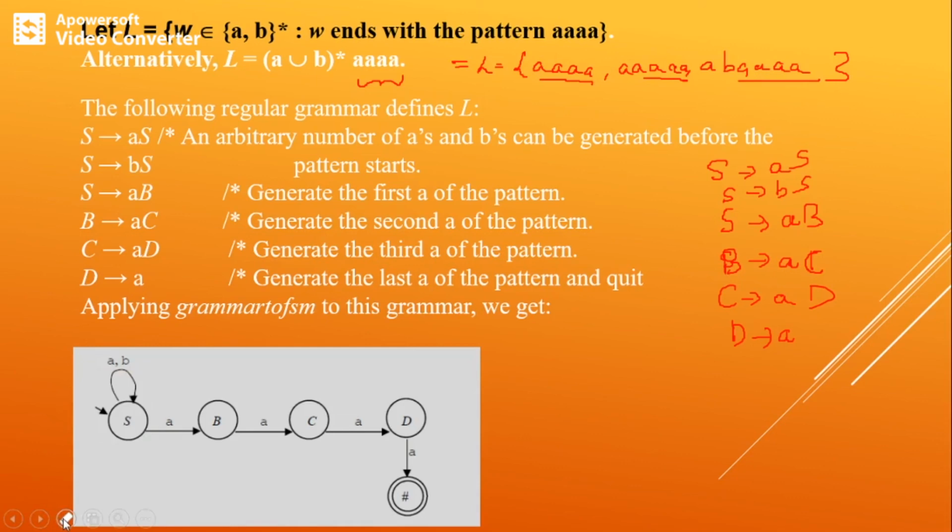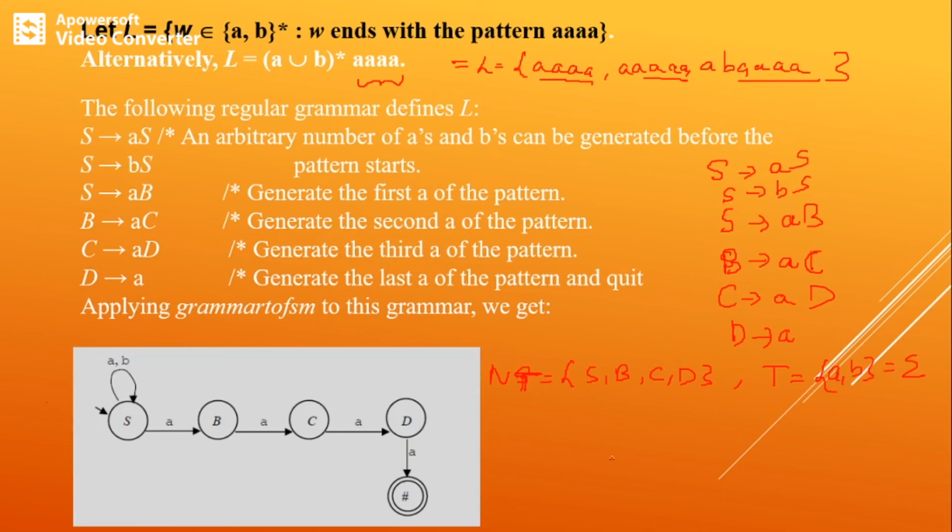The non-terminals are S, B, C, D. Now coming to terminals, what are the terminals? Look at the RHS and remove the non-terminals and epsilon. Only A, B remain.